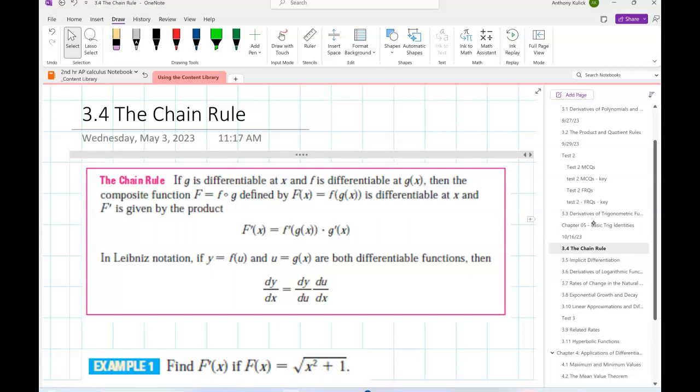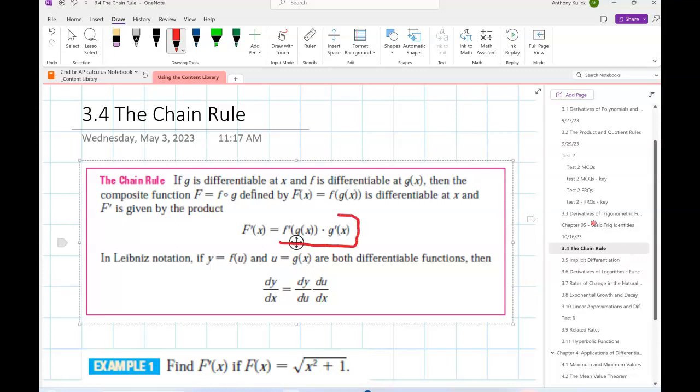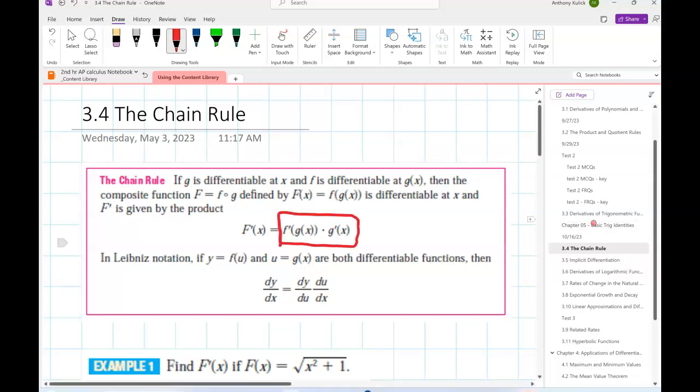Essentially, what this is saying is to do the derivative of a composition, you do the derivative of the outside times the derivative of the inside. F prime of g of x is the derivative of the outside, leave the inside alone, times g prime of x, that's the derivative of the inside.